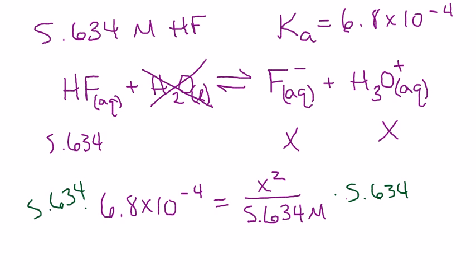And when we do that, we should get 0.0038311 is what I get on my calculator. So I'll round that a little bit. 0.00383 equals X squared. And then to finish that off, we'll take the square root of it.